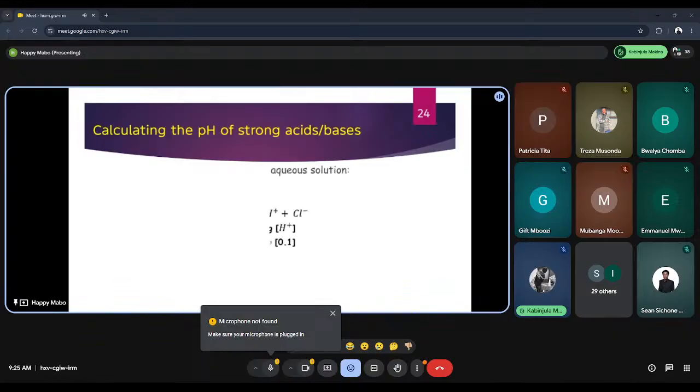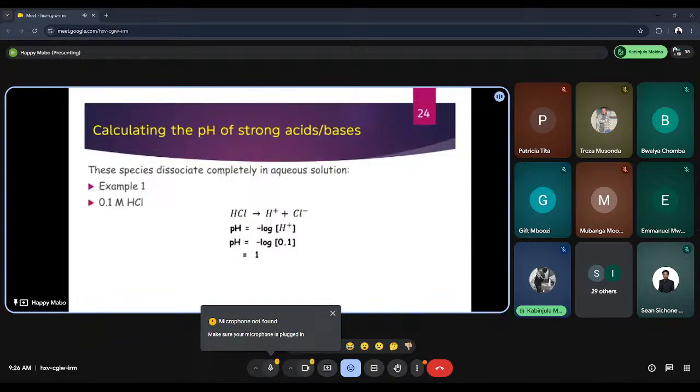All that we need to do is remember the formulas of acids, and know whether the acid we're dealing with is a monobasic acid, or, as some of you would refer to it, a monoprotic acid, or whether we're dealing with polybasic acids or polyprotic acids.